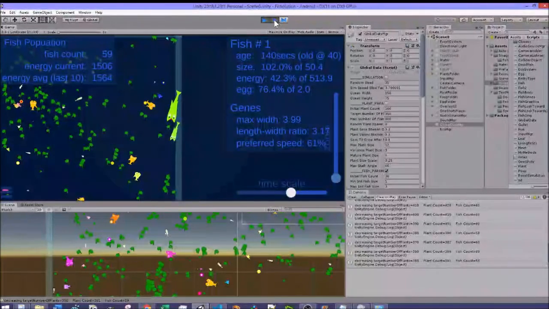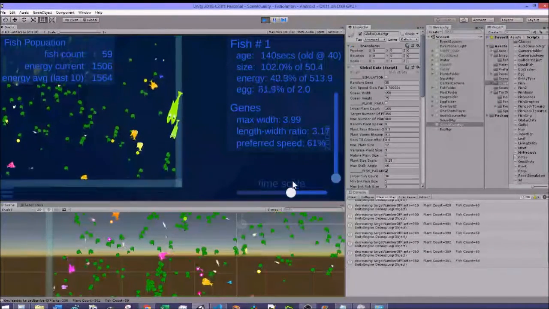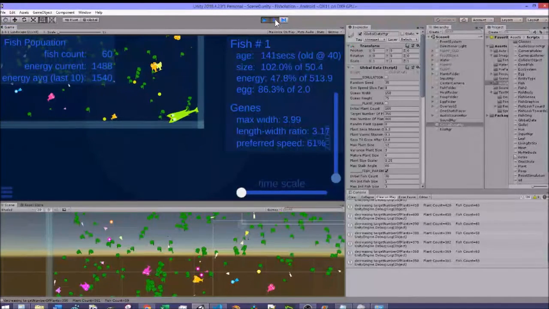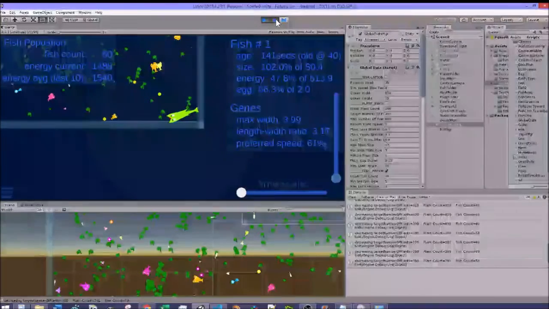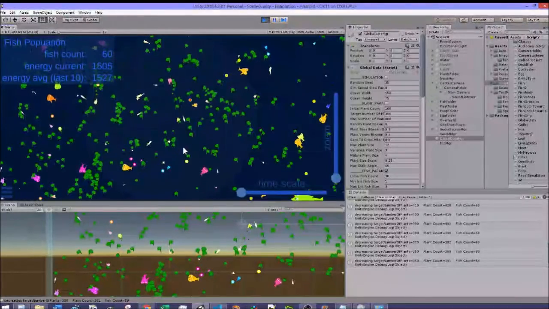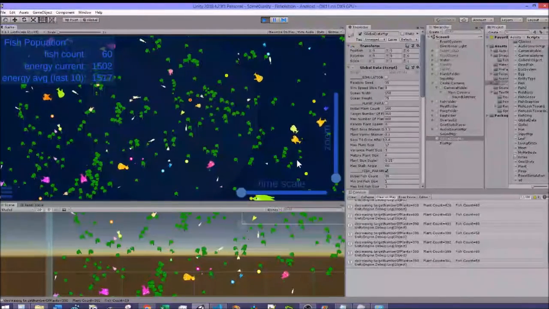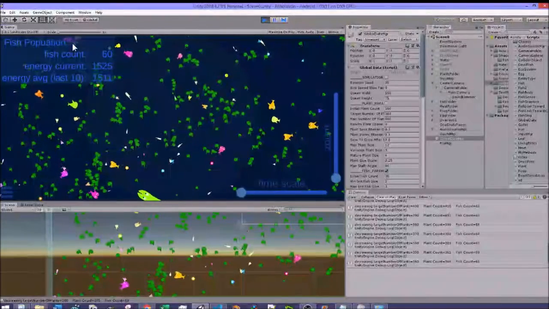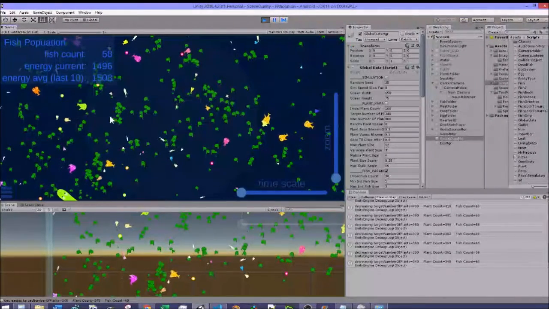So I'm going to unpause it long enough to slow the timescale back as slow as possible, and then try to find him here. I'm going to detach from that green fish there so I can see the whole population. Do we see him anymore? Is that him up there? He's gone.